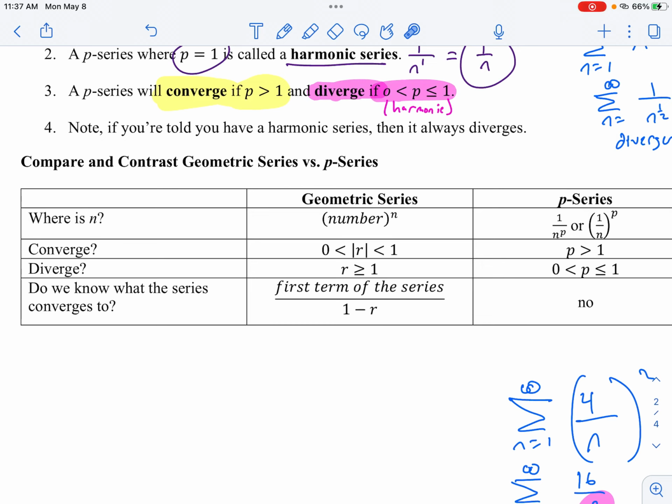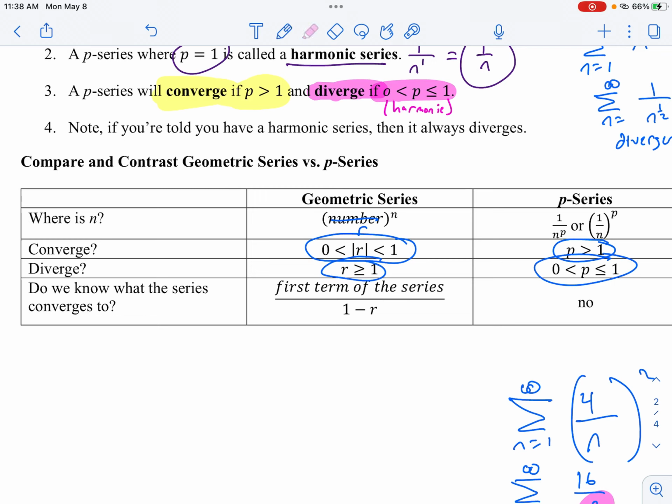On a geometric series, if your r, the absolute value, is between 0 and 1, it converges. But on a p series, the power has to be greater than 1, so they're backwards from each other. Divergent geometric series: r is greater than or equal to 1, while p series: p is less than or equal to 1. Notice if it's equal to 1 in either case, it diverges.